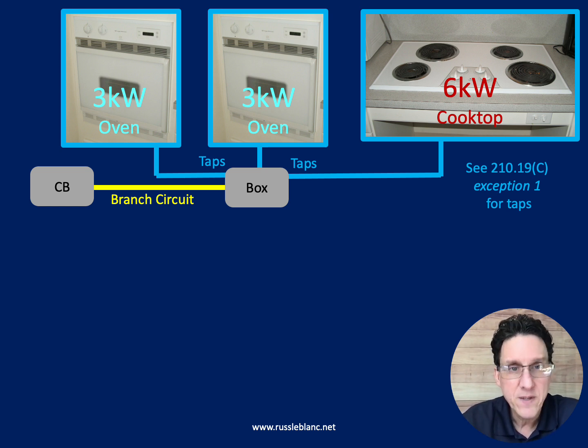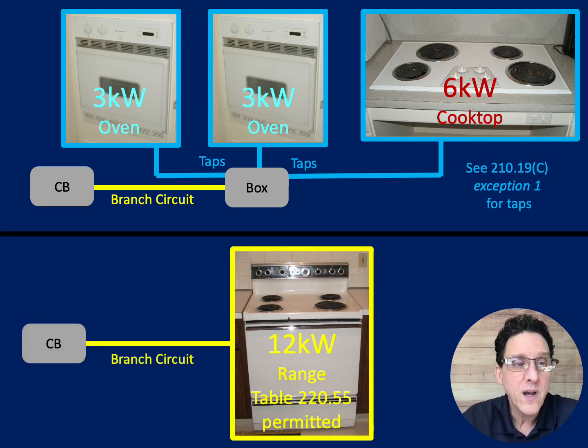That's pretty cool, right? And again, for the purposes of calculating a branch circuit load, these 3 appliances are the equivalent of one 12 kilowatt range. And if it was a range, then you can use table 220.55 to figure out the branch circuit instead of using the nameplates for sizing 3 branch circuits.